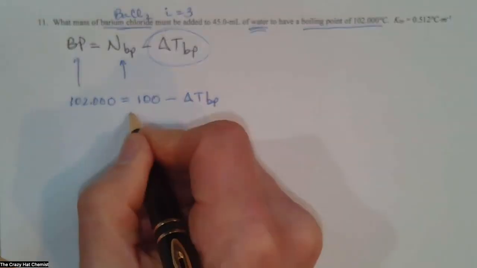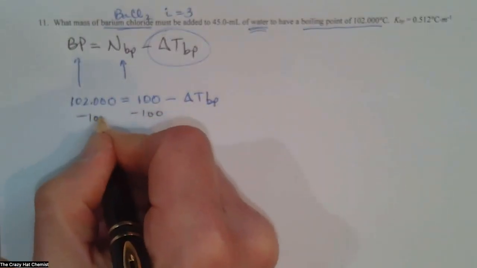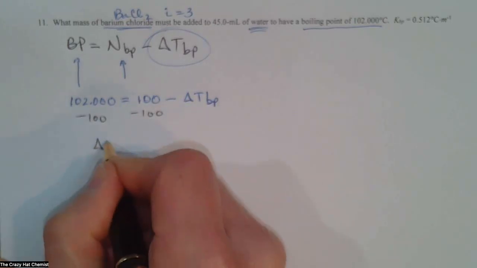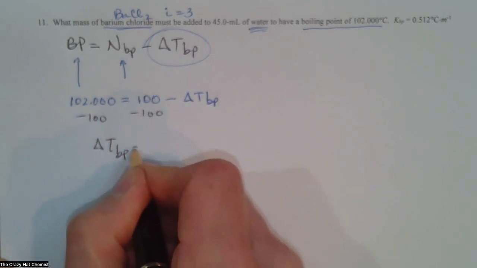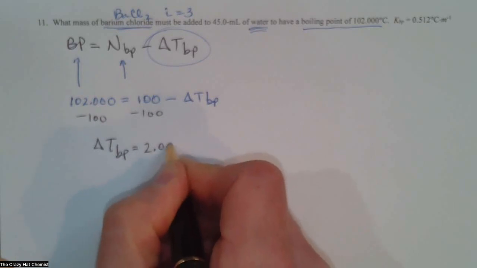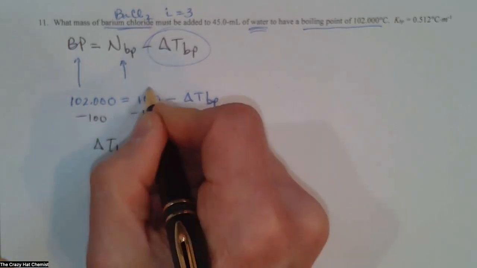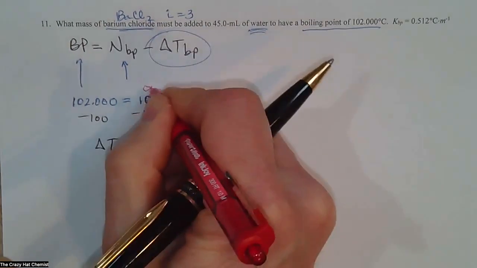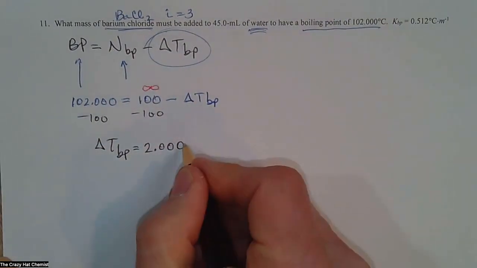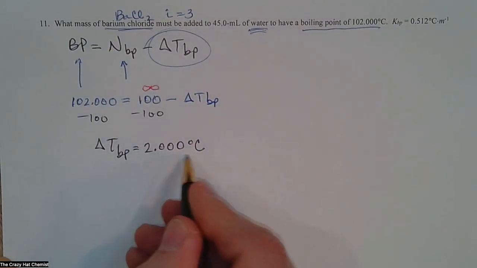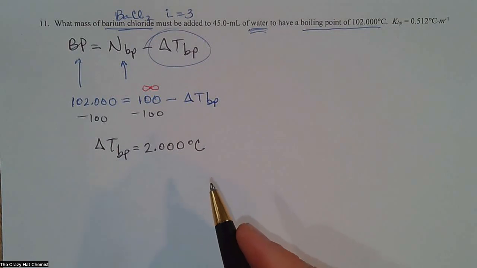Okay. So we're going to subtract 100 from both sides, and we're going to get the change in temperature of the boiling point is equal to 2.000. Remember, this 100 is a defined value, and that's an infinite number of significant figures. So that means that this is going to have 3 decimals on it.